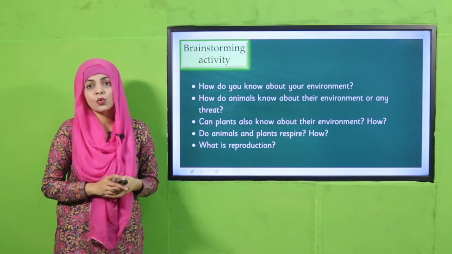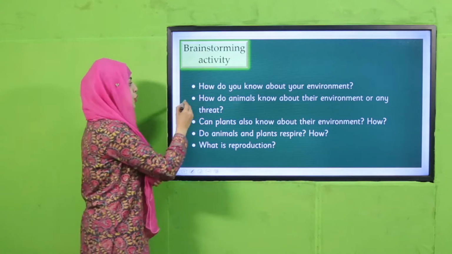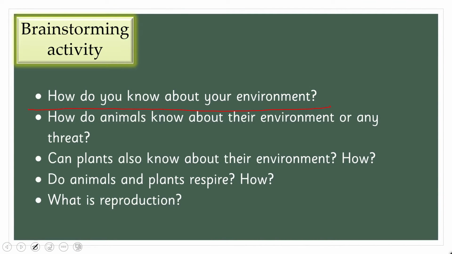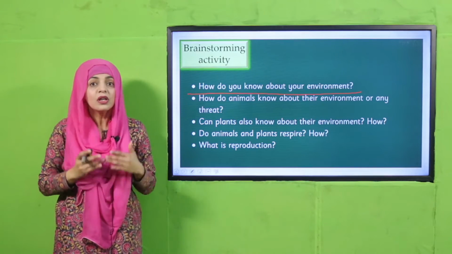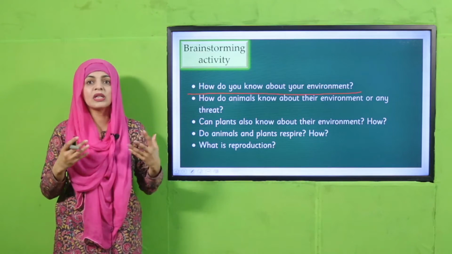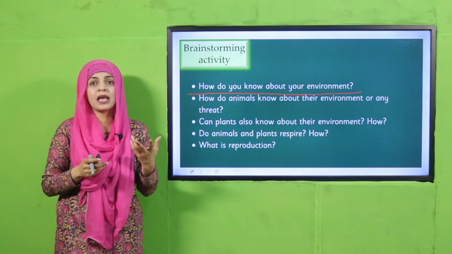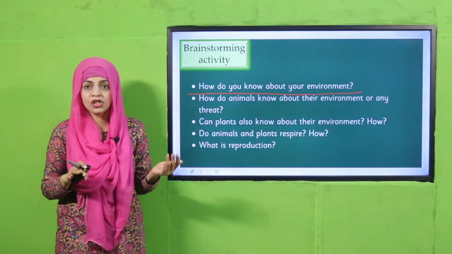So my dear students, let's quickly move towards the brainstorming before the lecture. How do you know about your environment? आपको अपने environment के बारे में कैसे पता चलता है? You look around, you hear, you smell. This is how you can tell where you are standing, what is around you. ठीक है, आप देख के बता सकते हैं कि is there light or not, अंधेरा है या रोशनी है.